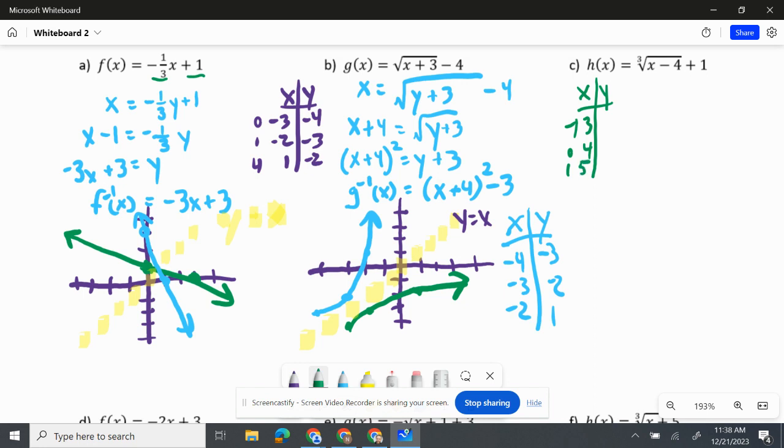3 minus 4 is -1. Cube root of -1 is -1, plus 1 is 0. 4 minus 4 is 0. Cube root of 0 is 0, plus 1 is 1. 5 minus 4 is 1. Cube root of 1 is 1, plus 1 is 2.